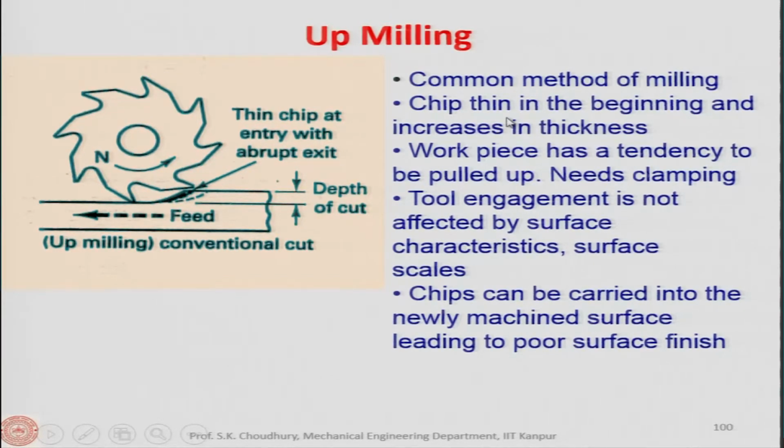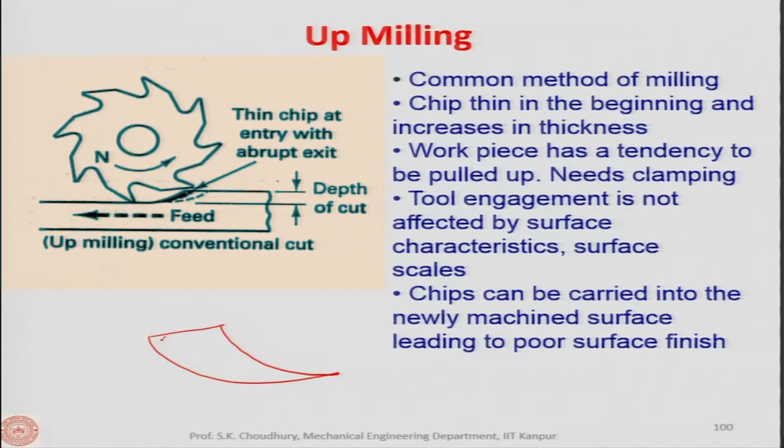Now, the chip is thin in the beginning. You can see from here, when one of the teeth of the milling cutter grabs the workpiece material, the chip thickness is 0, and the chip thickness becomes maximum as the tool is given feed. I have already shown you this kind of chip that can be produced.